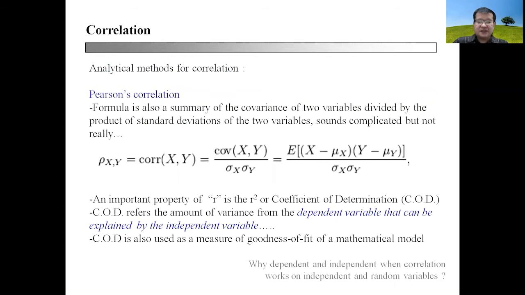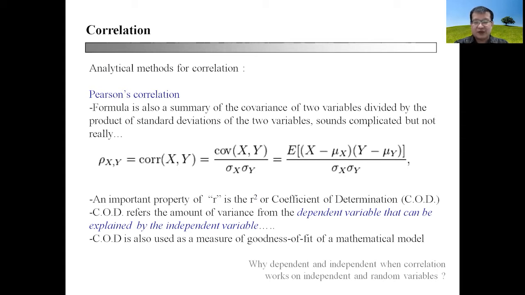Pearson's correlation can also be used to summarize the covariance of two variables. It is actually a summary of this entire formula that allows us to construct a much more elegant and much more advanced form of regression equation when we investigate the regression relationship between two variables.